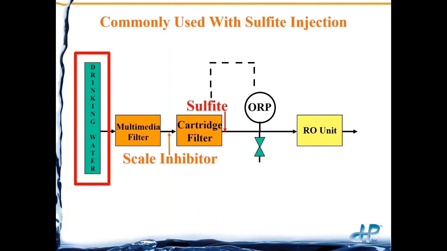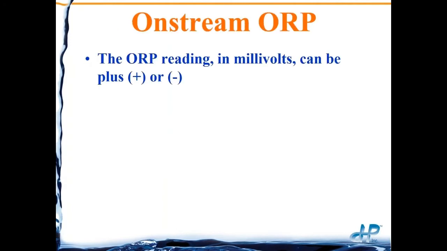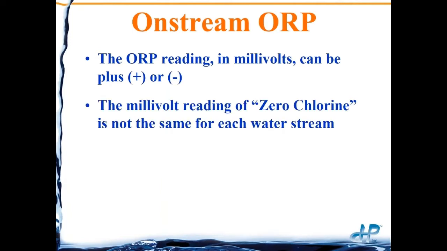So if the ORP is getting a little high, then the feedback to the pump will say, pump in some more sulfite. And then typically there's also a shutdown of the RO unit. There'll be an alarm, giving you a few minutes to go check things out, and then if the system is still in alarm, it will actually shut the RO unit down, again to protect the membrane. So as Sherlyn will go over, we're talking about millivolts, plus or minus.